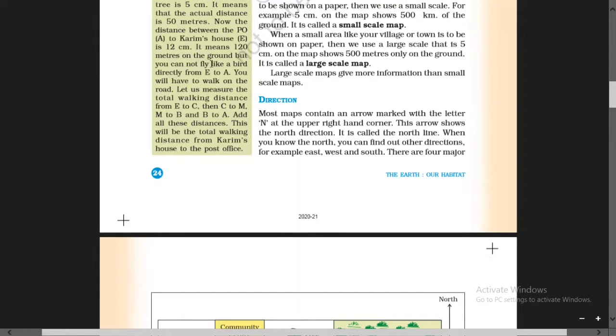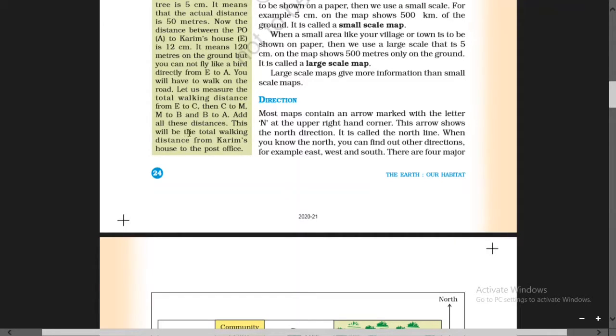But you cannot fly like a bird directly from E to A. You will have to walk on the road. Let us measure the total walking distance from E to C, then C to M, M to B, and B to A. Add all these distances.